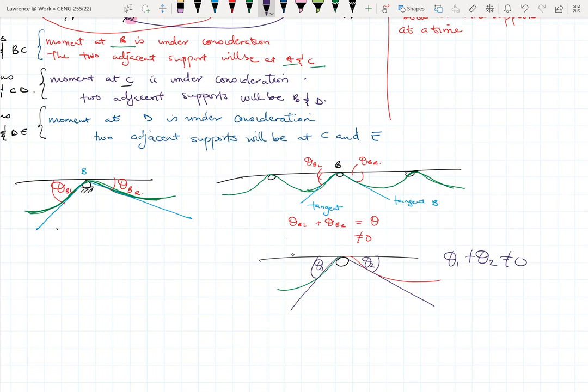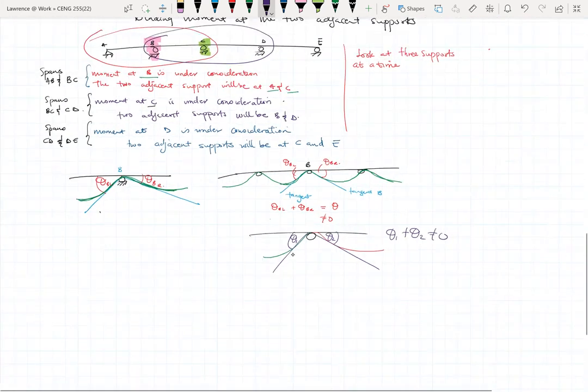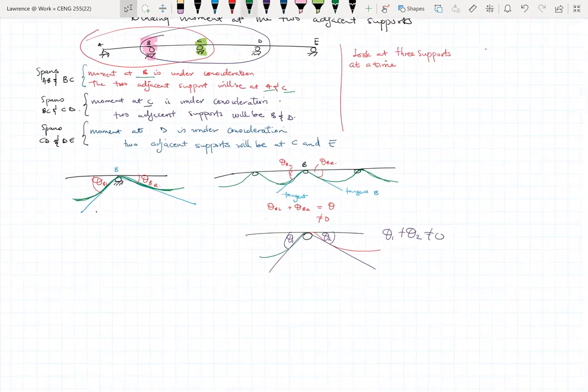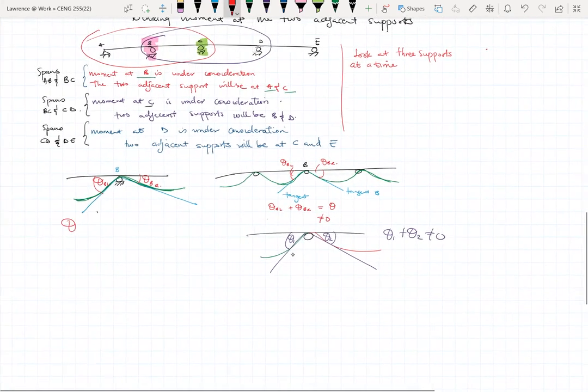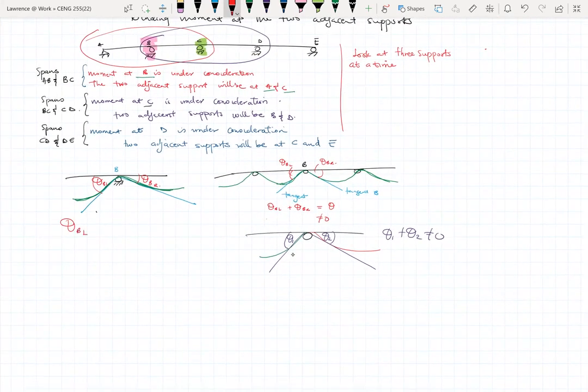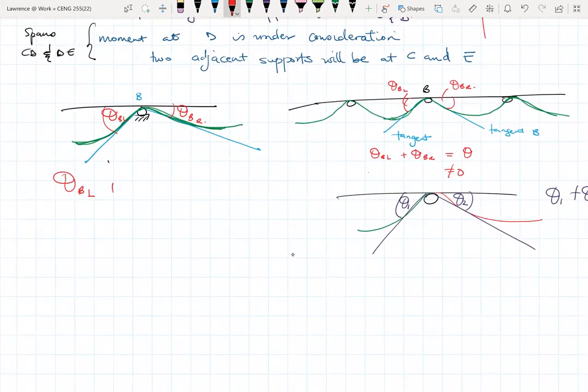Okay. But the guy said that means difficult calculation. So we are assuming that there's no discontinuity. The slope is continuous across the supports, which means that in that case, theta b on the left plus theta b on the right will be equal to 0.